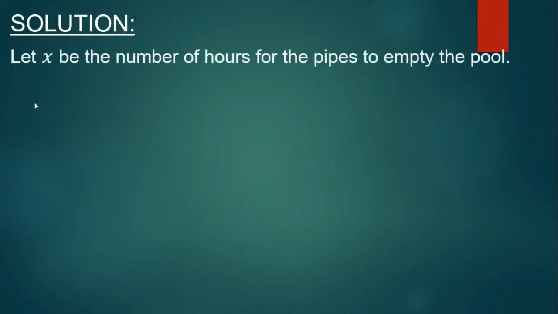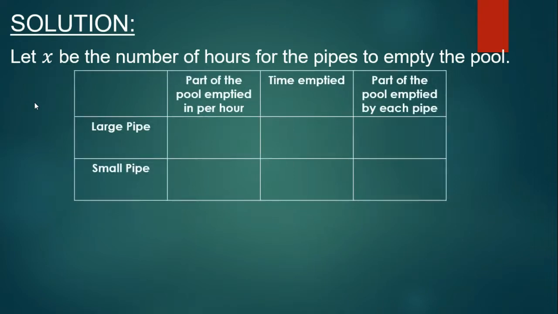Solution, let x be the number of hours for the pipes to empty the pool. So in problems like this, mas makatutulong sa atin kung alam nating hanapin yung value or represent yung value gamit ang isang table. So just like this table. So nasabi doon sa problem na si large pipe, ang gugugulin niya ay 5 hours para ma-fully empty yung pool.